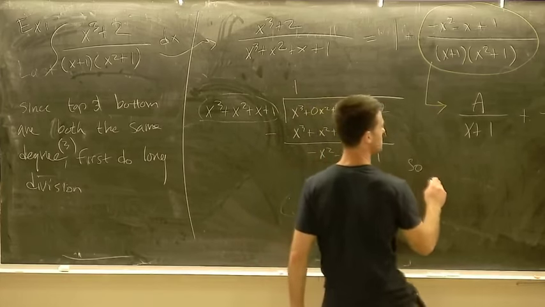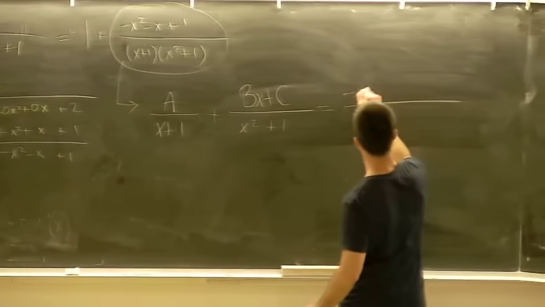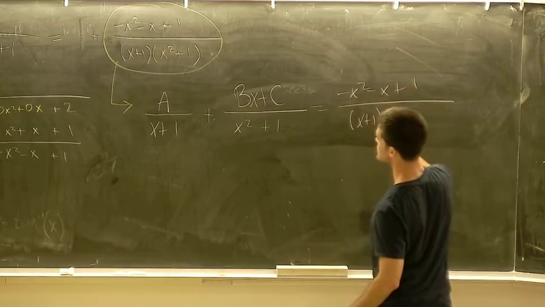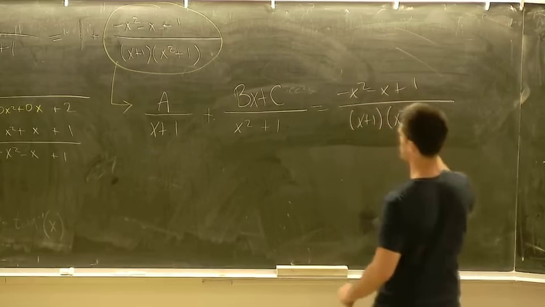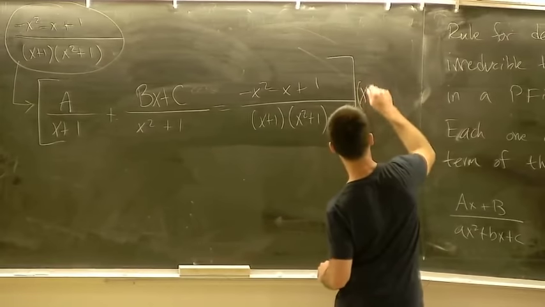Okay, right, so this is equal to negative x squared minus x plus 1 over x plus 1 times x squared plus 1. And now let's take everything and multiply it by the denominator.